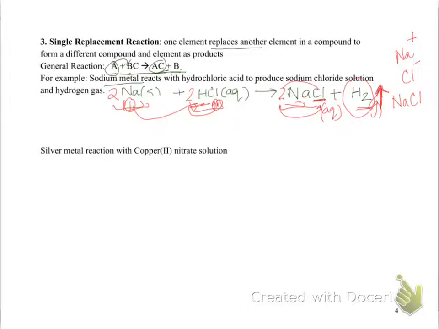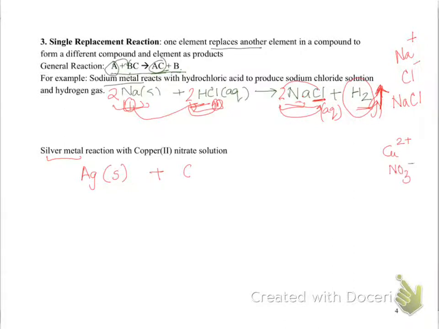Let's look at another example. Silver metal reacts with copper nitrate solution. And here I did not give you the products. But if I tell you this is a single replacement reaction, so silver metal, Ag, reacts with copper 2 nitrate. Copper 2 means Cu with 2 plus.